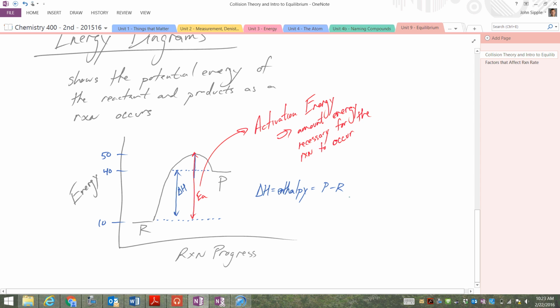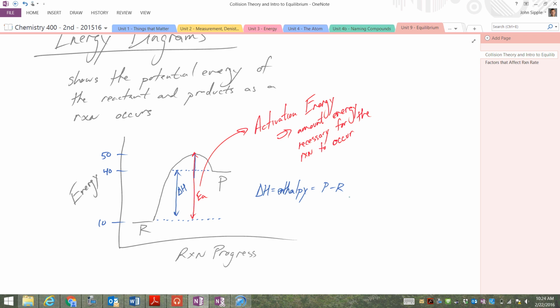If we were to calculate delta H here... Is this diagram showing how far into the reaction, how much energy is being spent? Kind of.